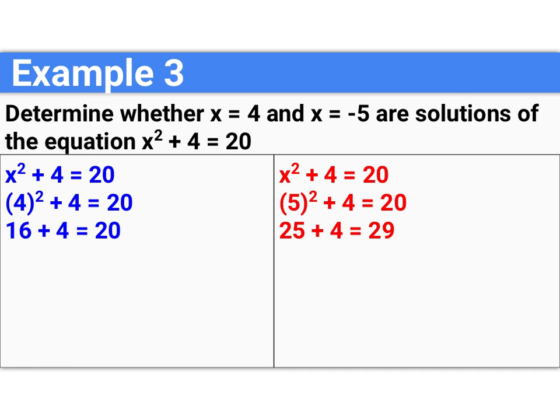And as we can see with the math on this page, did I write 25 plus 5 on the previous page? I don't know. I must have lost my mind there. Okay, so 4 is a solution, but negative 5 is not.